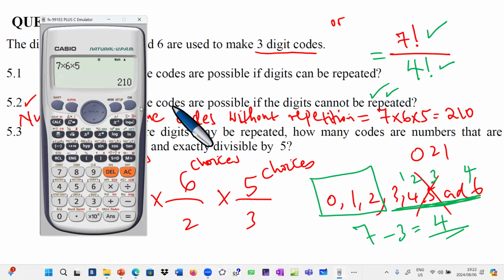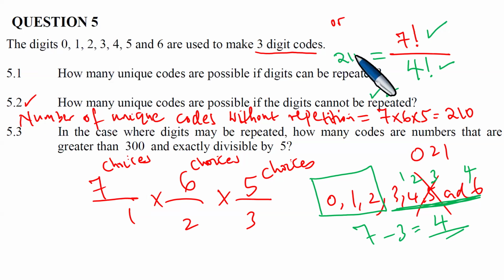So you can say 7 factorial divided by 4 factorial. It is still 210.